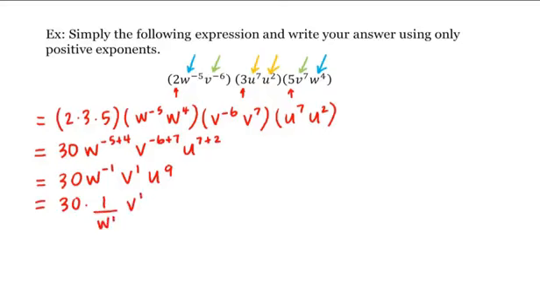Remember, we want to write our answer using only positive exponents. And when the exponent of a variable is 1, we usually do not write it. So writing this as one fraction and dropping those exponents of 1 gives us our answer of 30vu to the ninth divided by w.